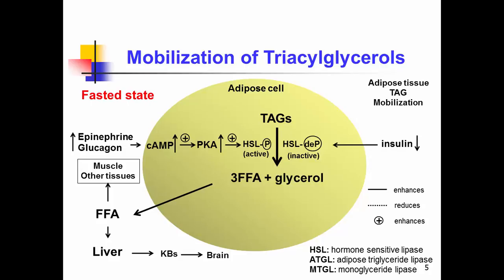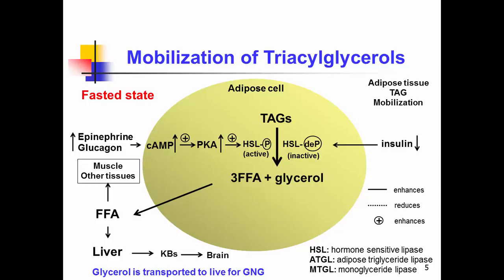So during the fasting conditions, in terms of lipid metabolism, the triglyceride breaks down and contributes to fatty acids and ketone bodies, the alternative energy fuels. And glycerol, I actually forgot to put it. We should put an arrow here.